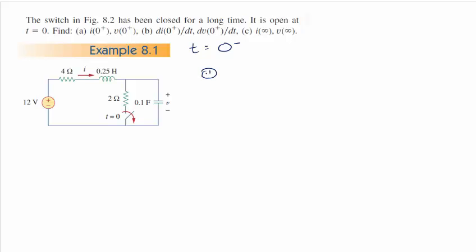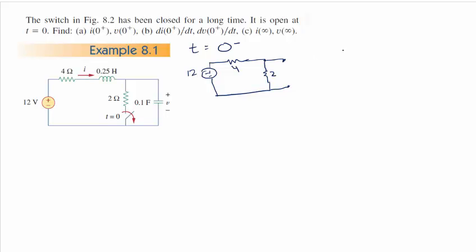And now my circuit will look like this: it will still be 12 volts, 4 ohms there, this is a short, there is still that 2 ohms there, and the capacitor is open. Right before the switch opens, this is what the circuit looks like.